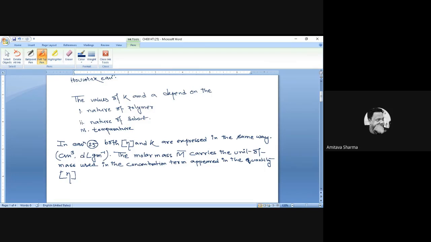The average molar mass referred to in equation 25 is the viscosity average, and we are going to discuss how we can calculate this term. Just a minute.